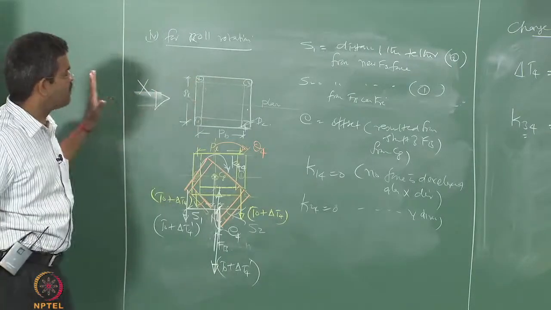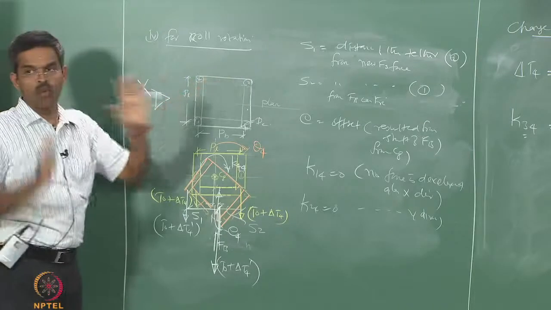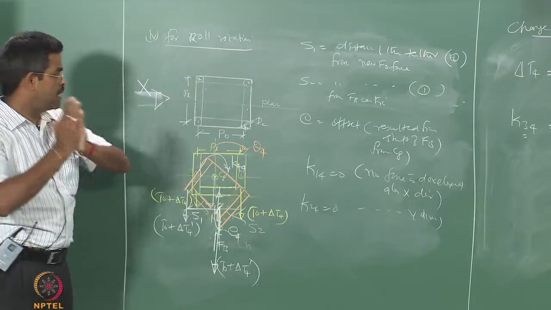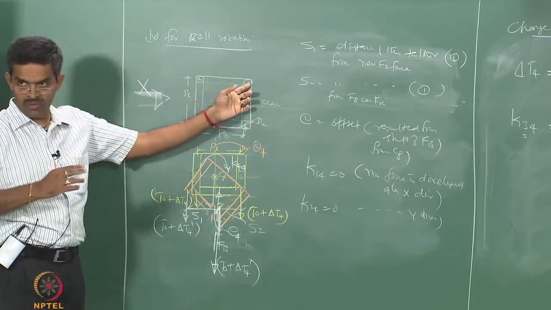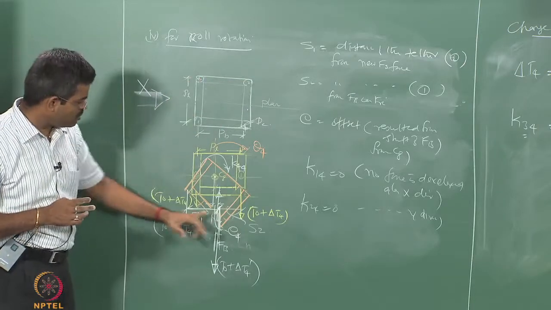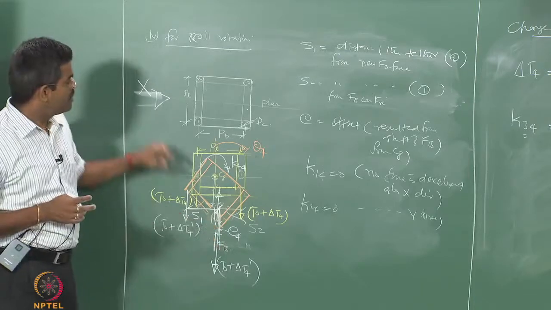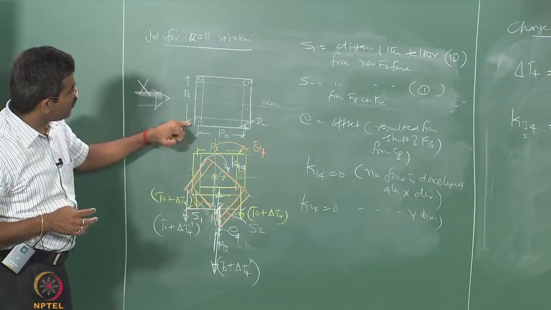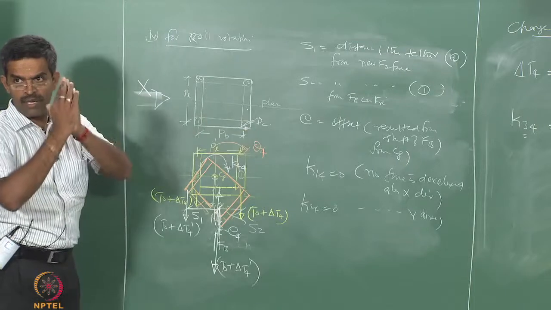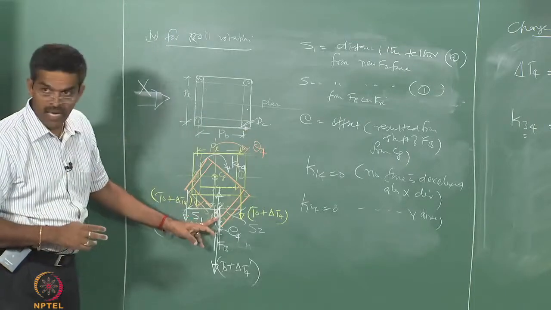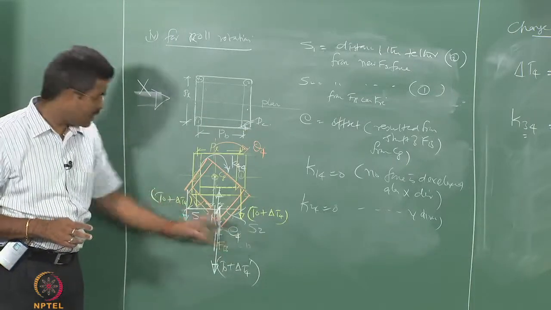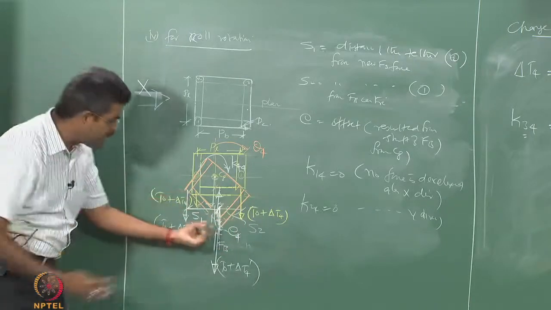I am looking at this platform from this direction. 2 and 3 are overlaid. There can be tension at 2, there can be tension at 3 also. They will have moment about this Fb at a distance S1, and theta is attached to columns 1 and 4, which are overlaid and will have moment about Fb again, which is at distance S2, and S1 and S2 are not equal because they are offset by E.